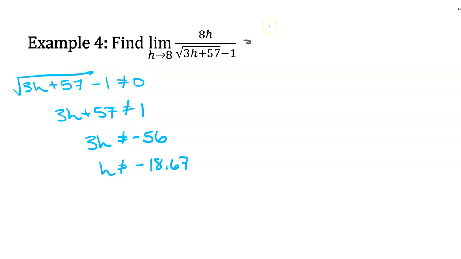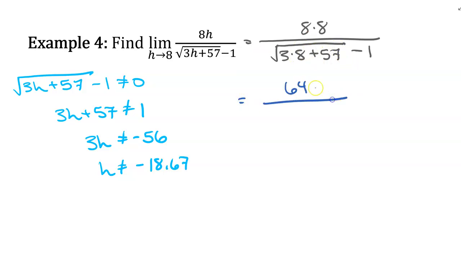So, grab your calculator. Now, when you're putting this into your calculator, be very, very careful about where your radical ends. If you're not careful, you'll end the radical in the wrong location and your calculator will spit out something weird. It will be an answer, but it will not be the correct answer.